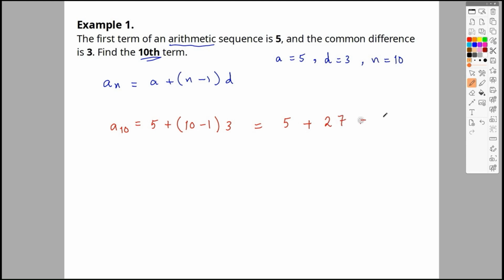That equals 32. So the 10th term is 32, and this is our final answer.